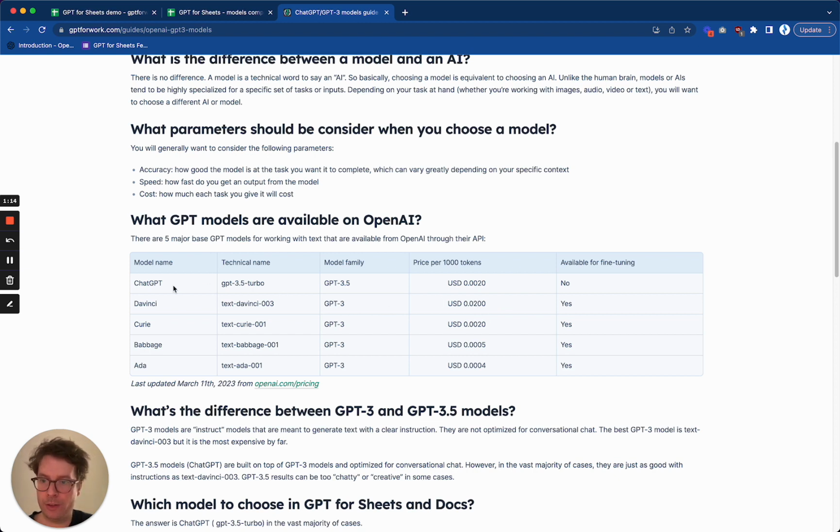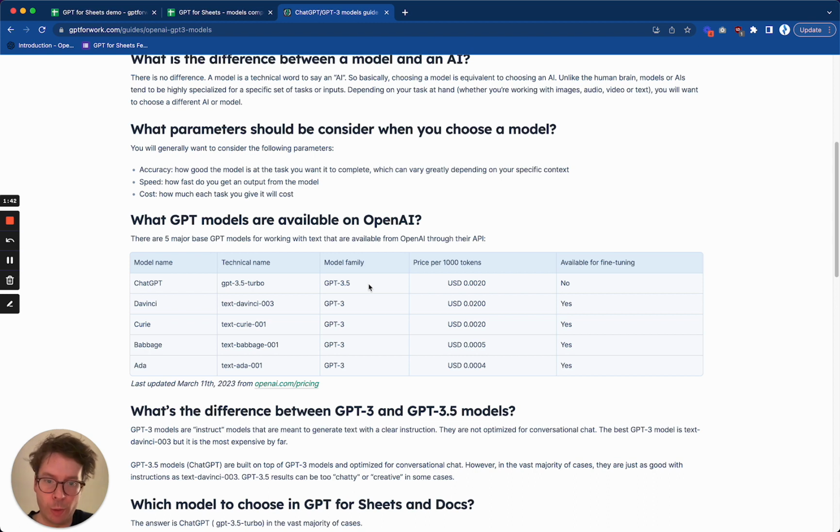And on March 1st, OpenAI finally made available through its API the ChatGPT model, which underlies the ChatGPT tool that most of you probably have been using. Its technical name is GPT 3.5 Turbo. As its name suggests, it is part of a new family of models, GPT 3.5, and the Turbo also suggests it is faster.